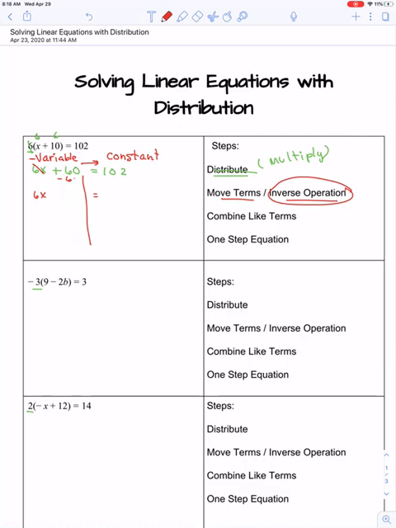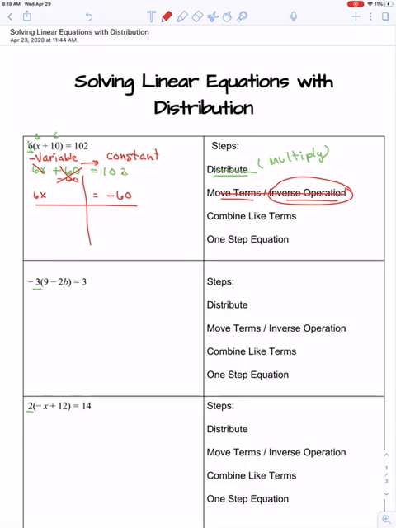So I have -60, which means I put a -60 over here, which means it's no longer on this side. And then 102, now I'm on the constant side. 102, is that a constant? Yes, meaning it does not have a variable, so it's on the correct side. So that's how we move terms around.